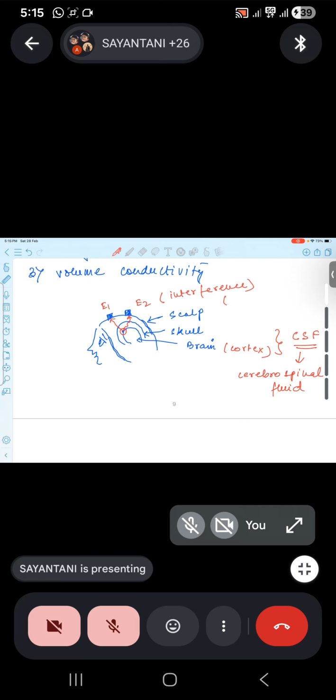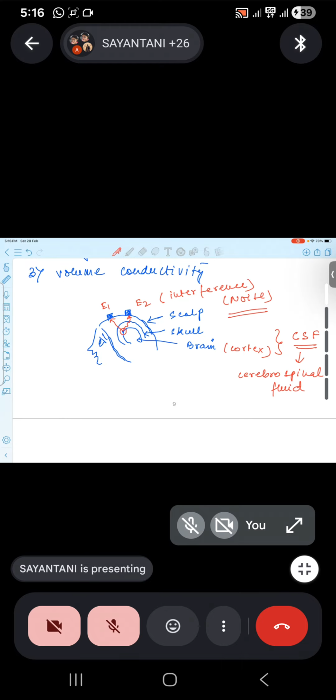This is actually another source of noise, which is to some extent unavoidable because I cannot do anything about the cerebrospinal fluid. So that is why, to some extent, the recordings we acquire from an EEG device are not very accurate. Of course, we have to go for pre-processing techniques like filtering to remove this kind of noise.